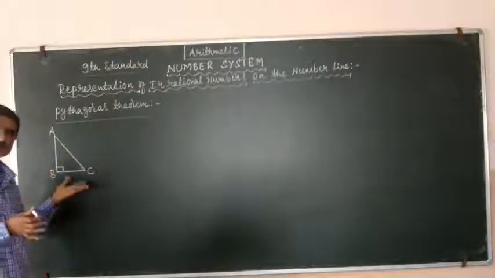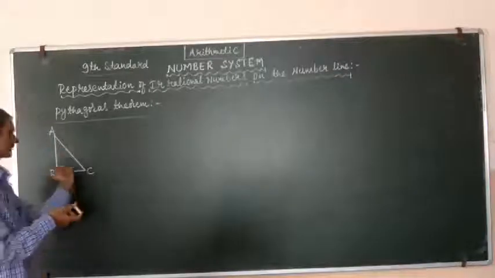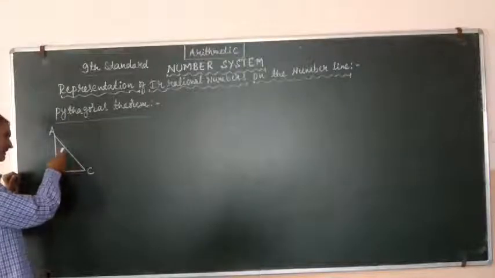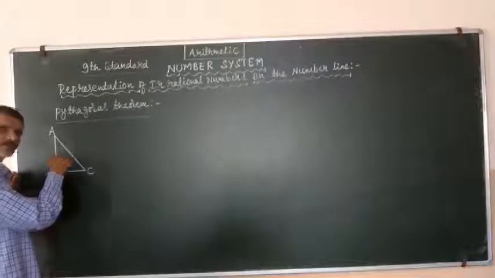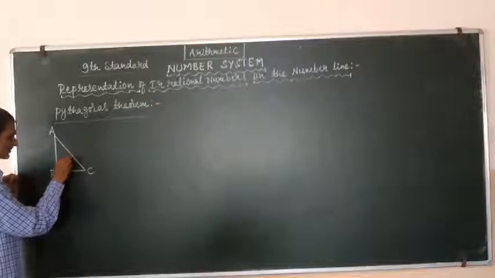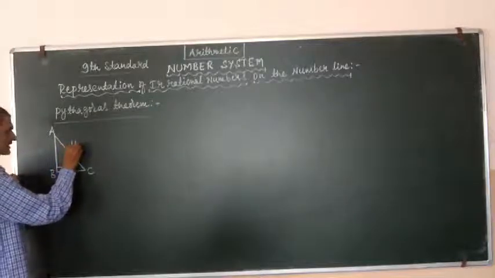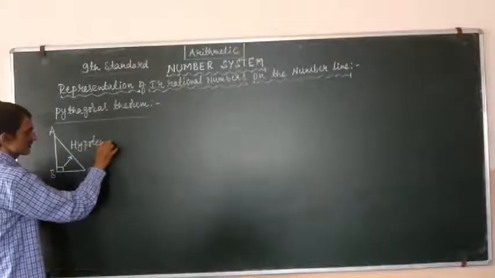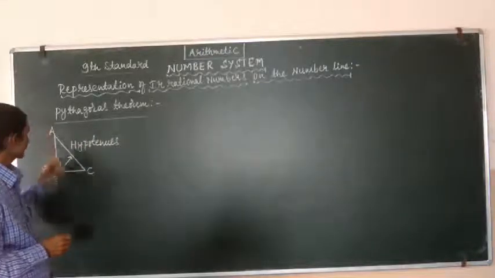Now, if you recall the properties of the right angle triangle, in a right angle triangle the side which is opposite to the right angle is called the hypotenuse. We call it AC.